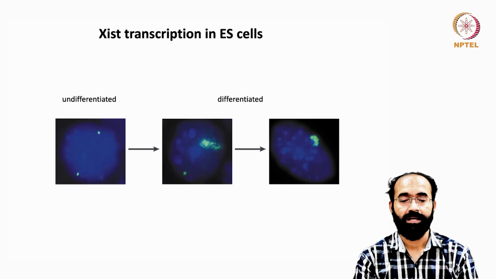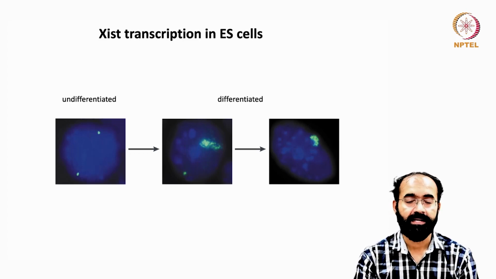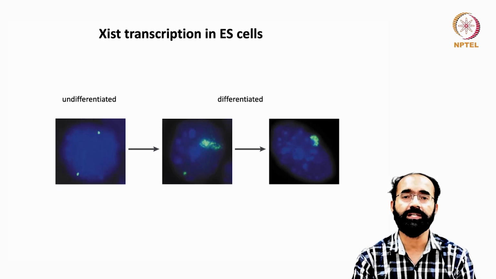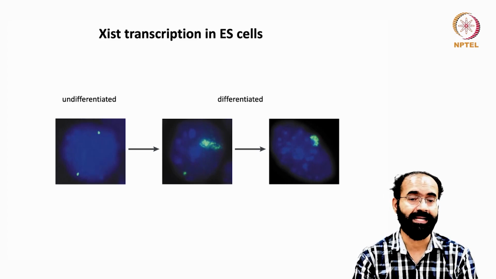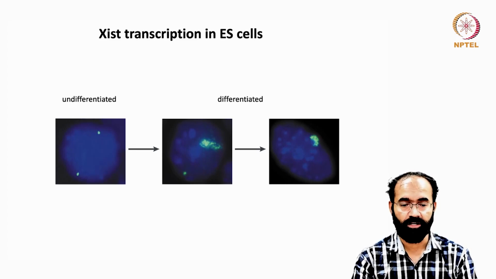It is equal, but it is low, and you can say low by looking at the neighboring pictures. Once it is differentiating, at an early stage, you can see huge expression of Xist in one of them, and you can guess that is going to be inactive, whereas there is moderate or nil expression in the other chromosome, that dot remains more or less the same.